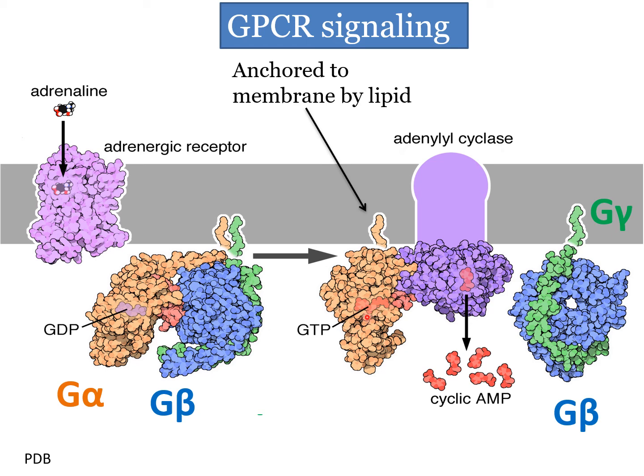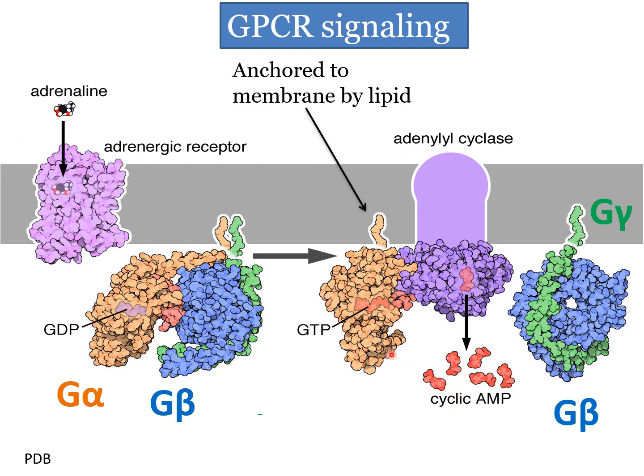Then the G protein falls into two pieces that free the G alpha subunit with its bound GTP, which moves along the membrane as it is anchored to the membrane with a lipid molecule, and it eventually finds the enzyme adenylyl cyclase, which is also a membrane associated enzyme. This little loop then binds to the enzyme and activates it. The activated adenylyl cyclase then produces lots of cyclic AMP, which spreads the signal throughout the cell.